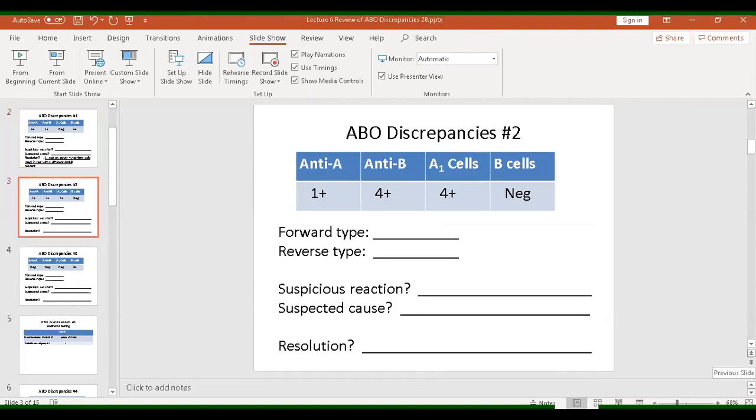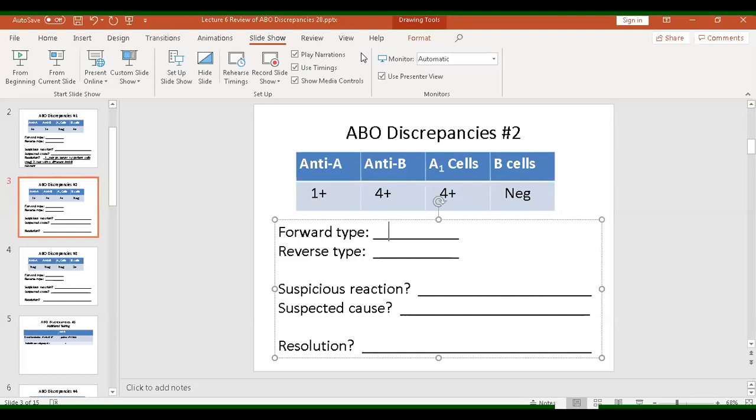Okay, so here, once again, we're going to look at our forward typing and then our reverse. When we look at our forward typing, it looks like A antigen is being picked up here with anti-A, and B antigen is being picked up here with anti-B.